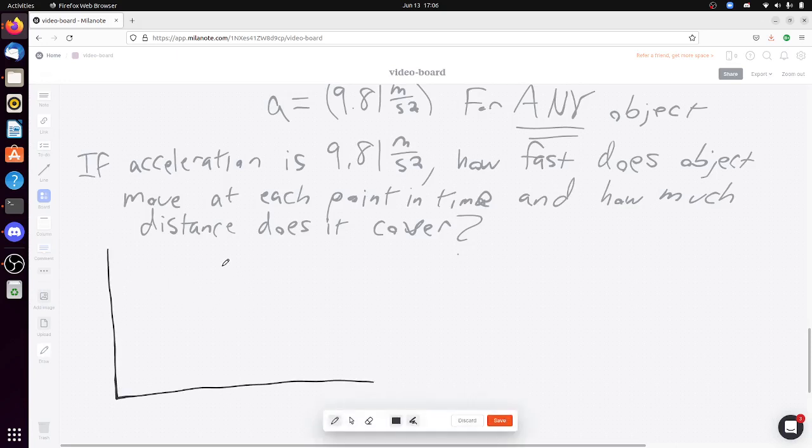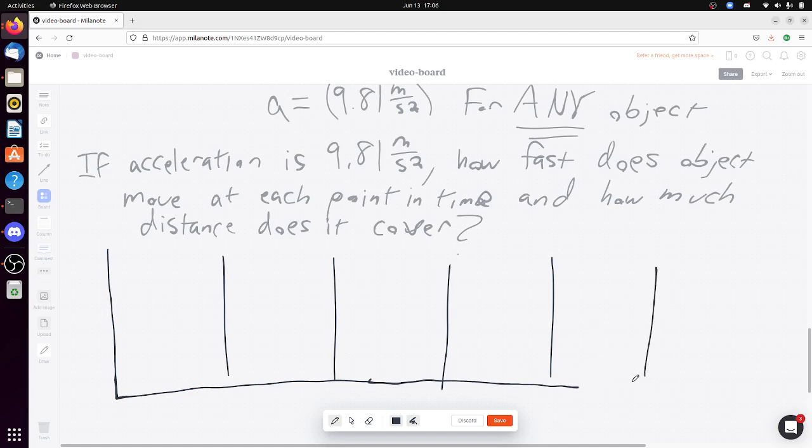So this is the first snapshot, second snapshot, third, and then eventually it gets to the last snapshot where it hits the ground. So we'll start off with a height of h, where we hold the center of the object, and then over time, obviously, it's going to fall, and eventually it's going to hit the ground.